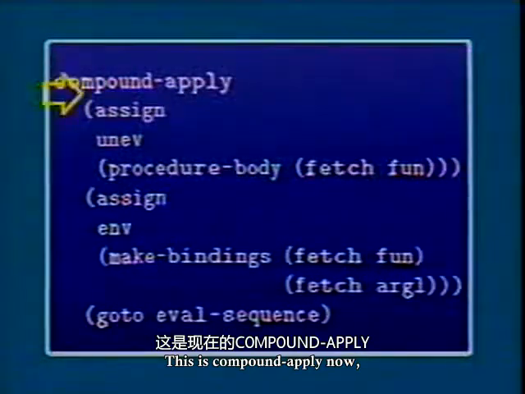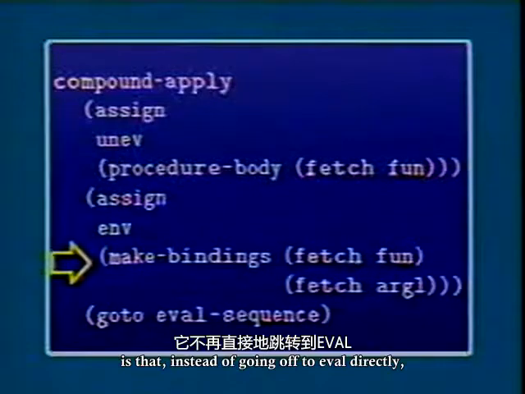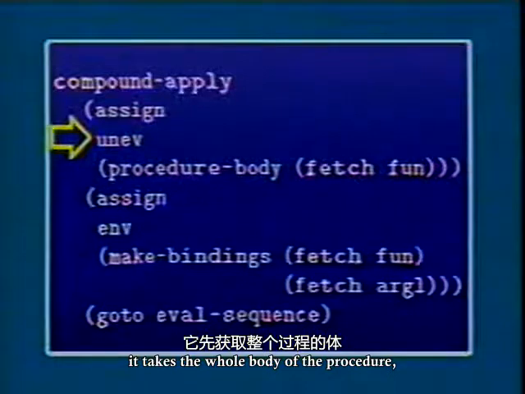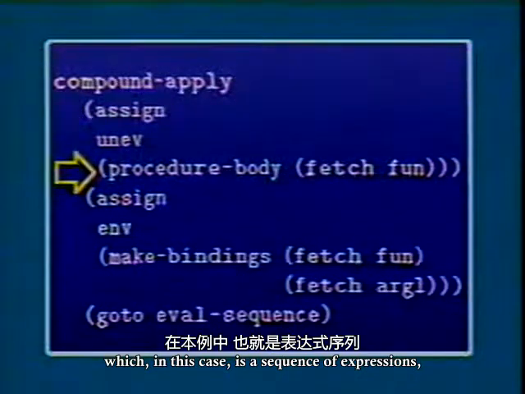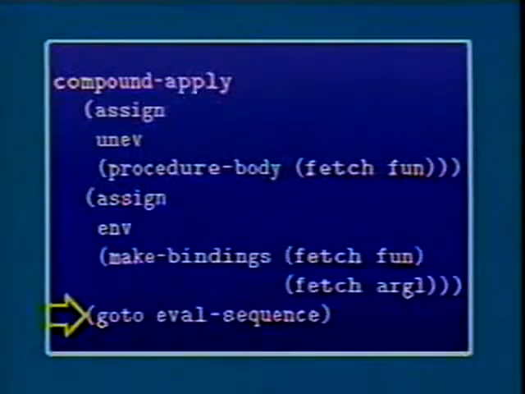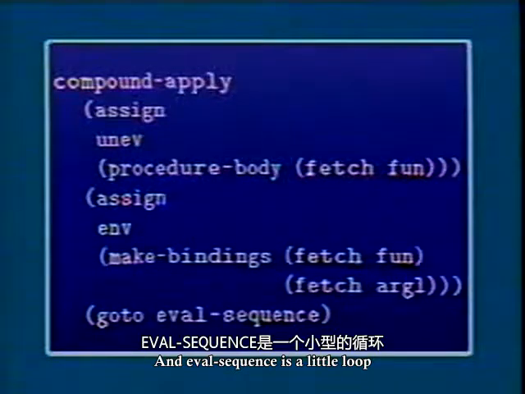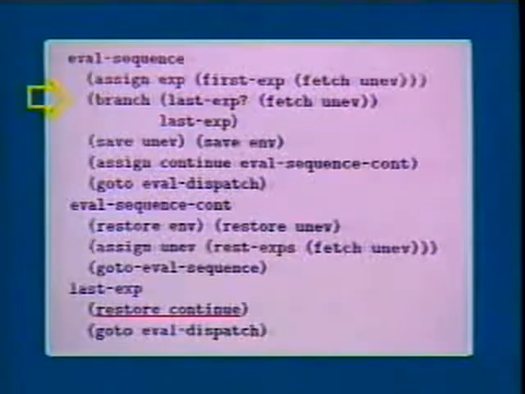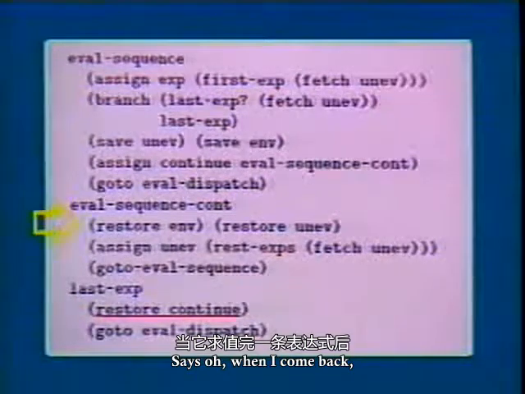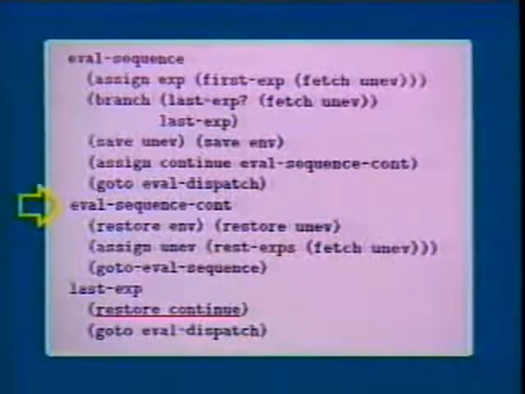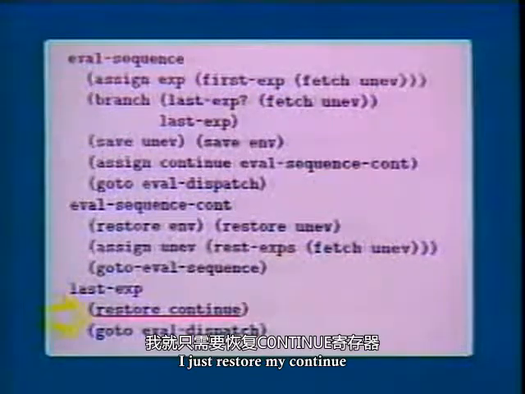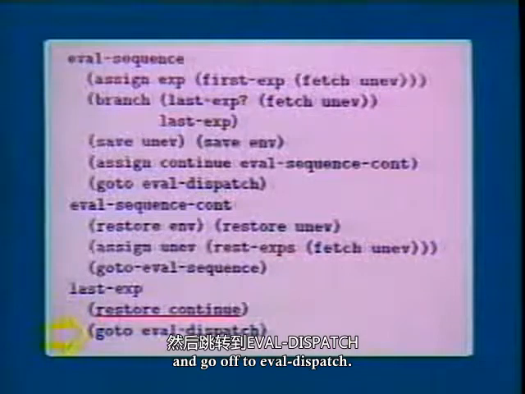This is compound apply now, and the only difference with the old one is that instead of going off to eval directly, it takes the whole body of the procedure, which in this case is a sequence of expressions, and goes off to eval sequence. And eval sequence is a little loop that basically does these evaluations one at a time. So it does an evaluation, says, oh, when I come back, I better come back here to do the next one. And when I'm all done, when I want to go with the last expression, I just restore my continue and go off to eval dispatch.